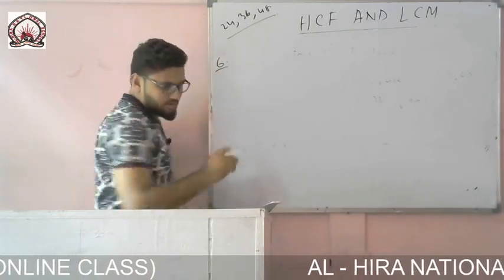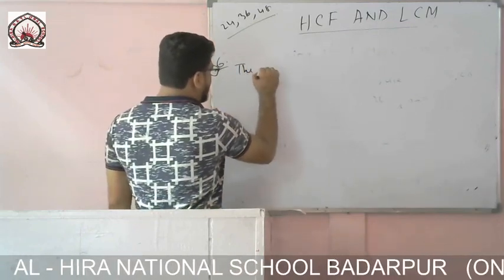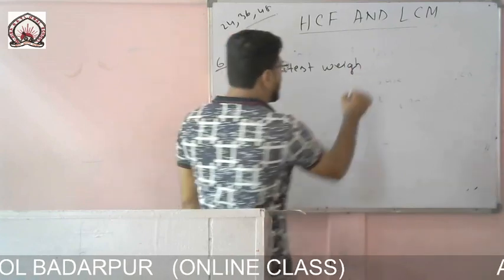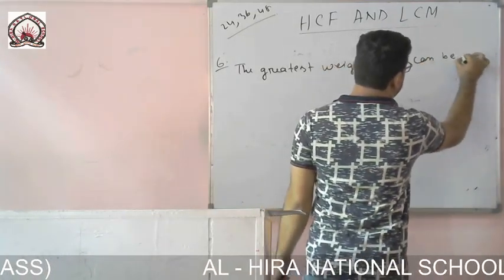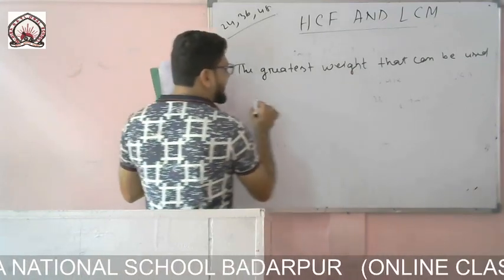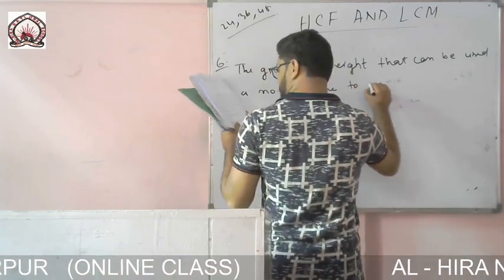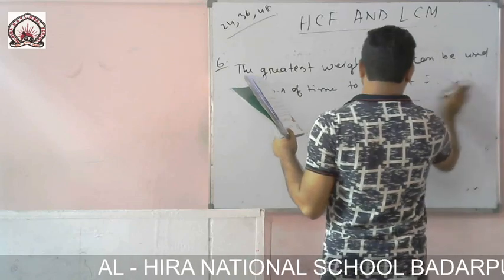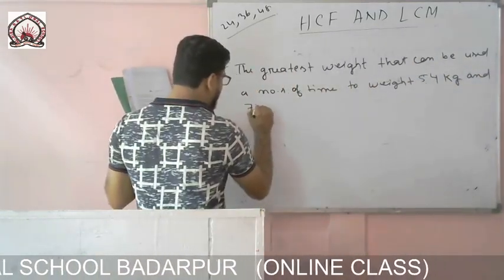Question number 6. What can be the greatest weight that can be used a number of times to weigh 54 kg and 72 kg?